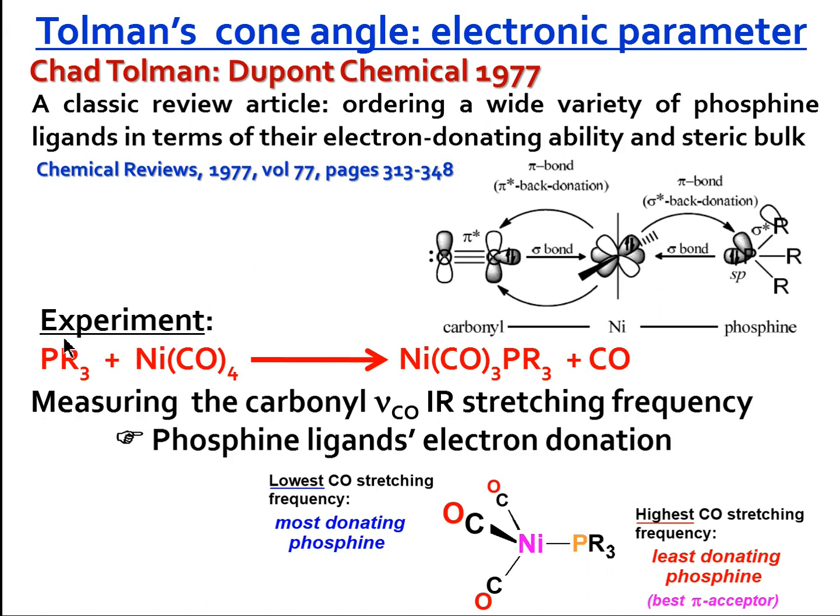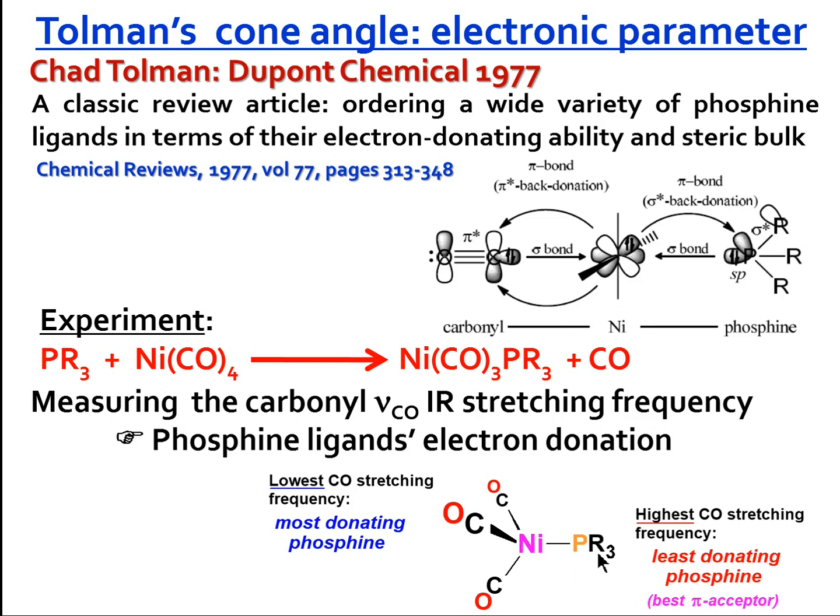In the experiment done by Tolman, several phosphines reacted with the nickel carbonyl complex to give Ni(CO)3(PR3) plus CO. So one phosphine replaces a carbonyl. He changed the nature of PR3 and studied the nu-CO in the infrared analysis of this complex.